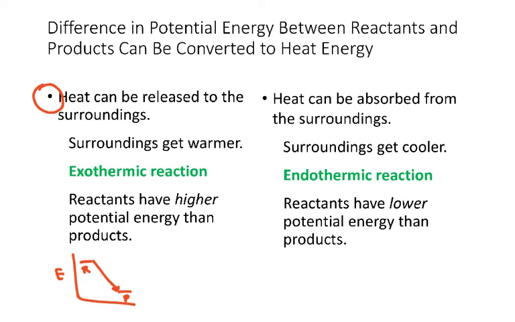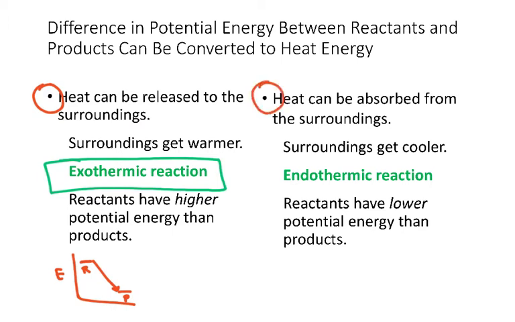This is called an exothermic reaction. If we actually look at this word, it'll help us remember it. Exo is like exiting. It's out of. Exo means out of. And thermic is like thermal energy, right? Thermal heat. So heat is out of the system. Heat is leaving the system into the surroundings because the reactants have higher potential energy than the products.